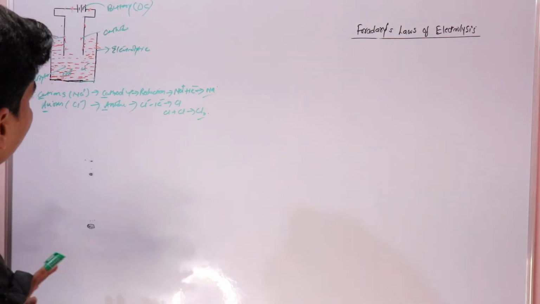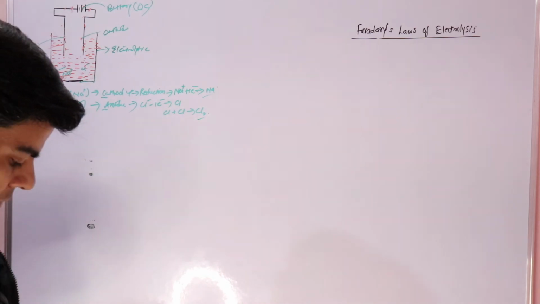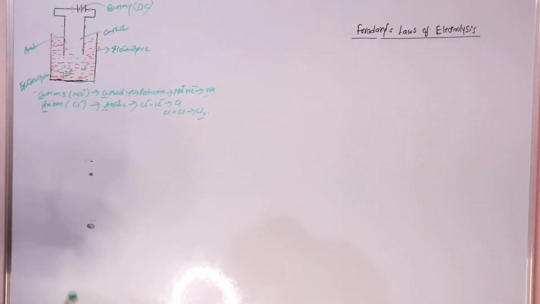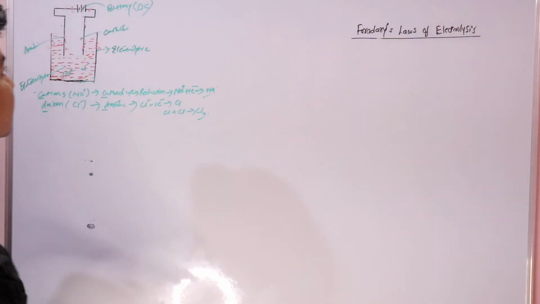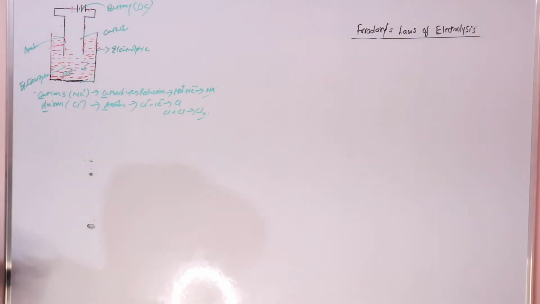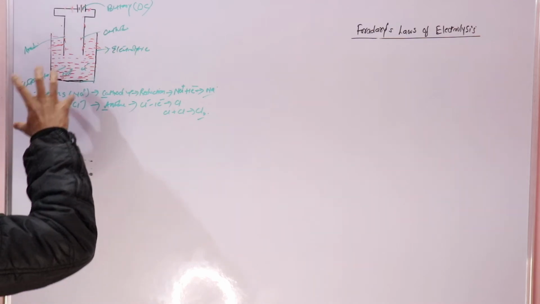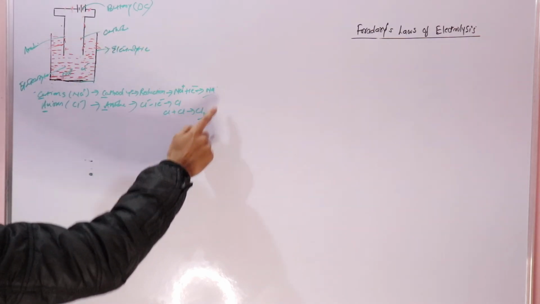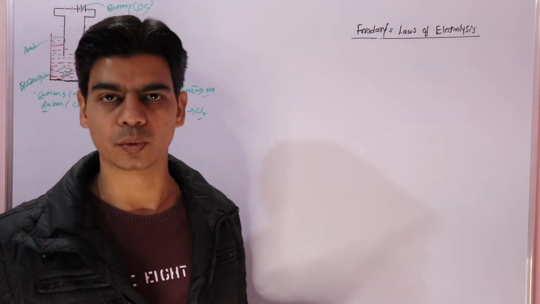Now, based on this understanding, in Faraday's laws of electrolysis we will quantify certain things in this process, like the electric current and the amount or weight of substances formed at the cathode and anode.